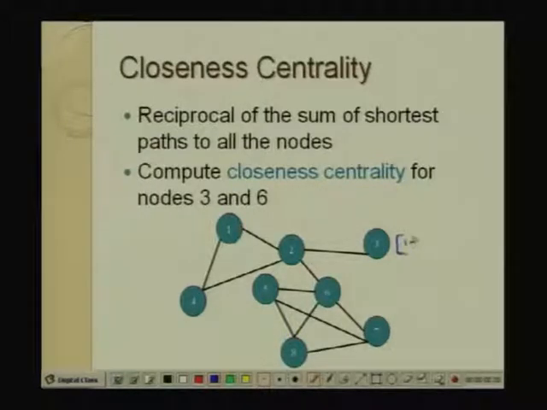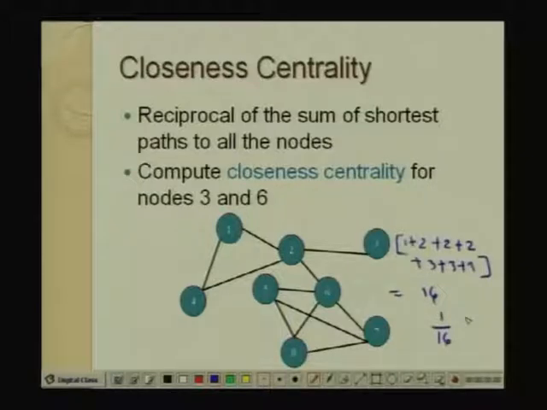This node is 1, and then this node is 2, this node, this node, this one, and this one, right. So 16 is the sum of the shortest paths from this node to all the other nodes. So then closeness centrality will be 1 by 16.